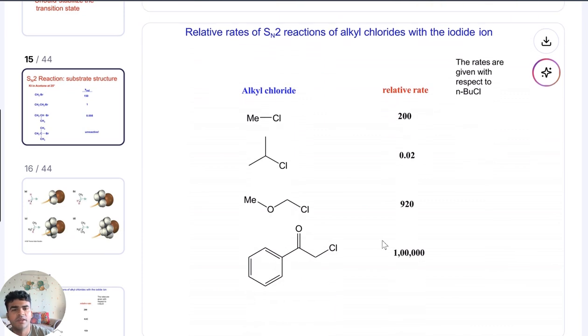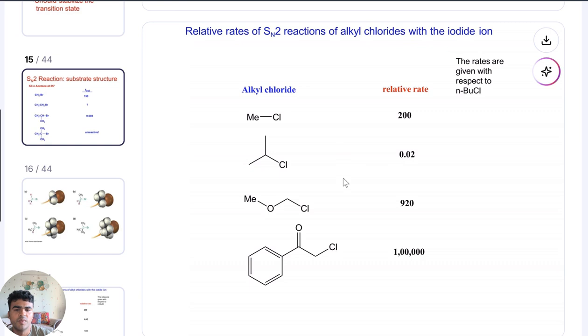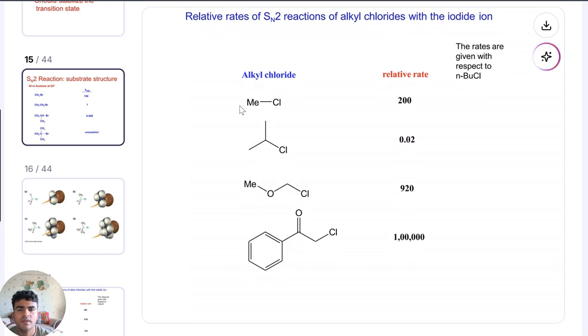Again, the relative rate of these four halides, starting from CH3Cl, going downwards, the rate has increased. What is the reason?